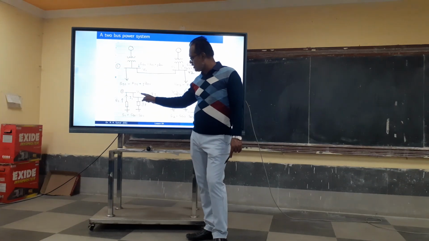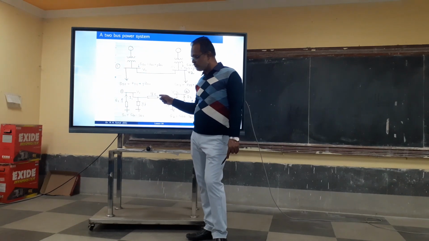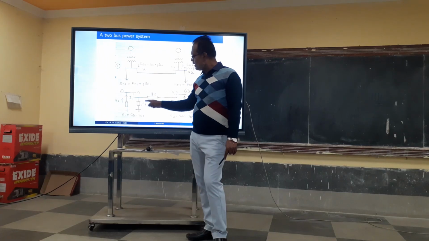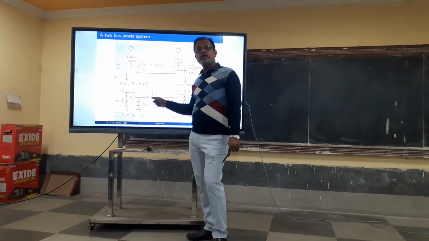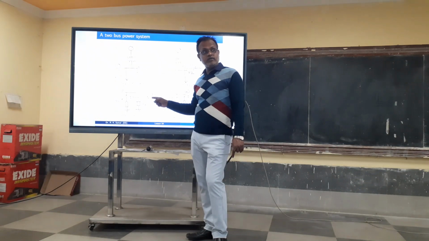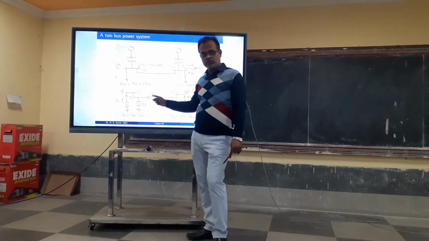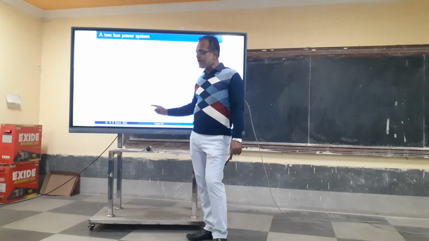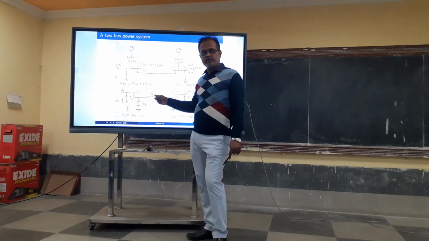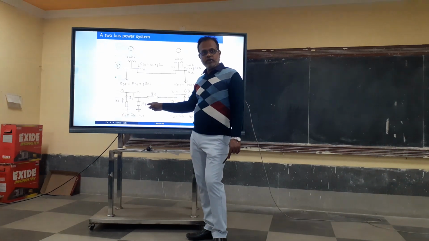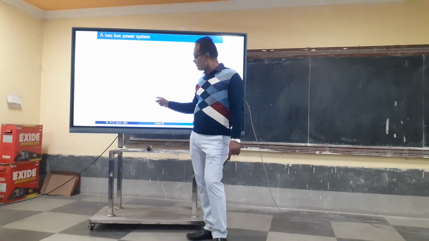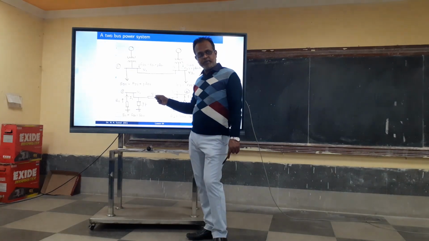One is going in this direction to the ground, one is going in this direction: V1 into Yp, V1 into Ys. But then we are using Y bus, which is a combination of these two. The diagonal elements are Ys plus Yp, whereas the off-diagonal elements are simply minus of this admittance.